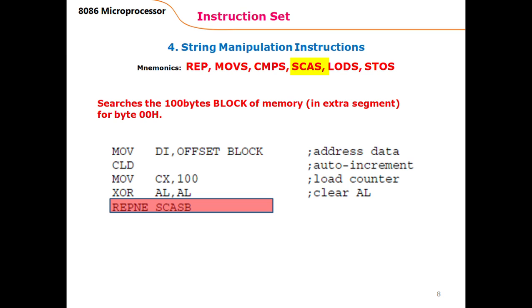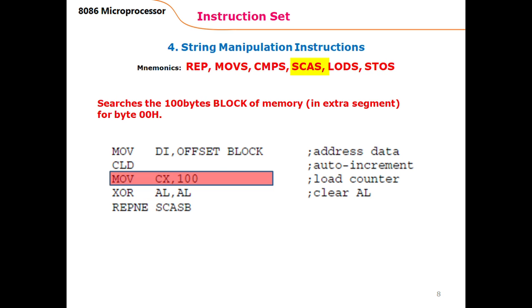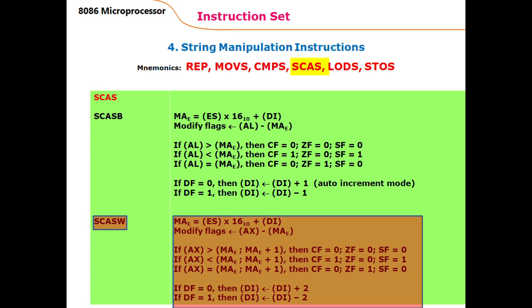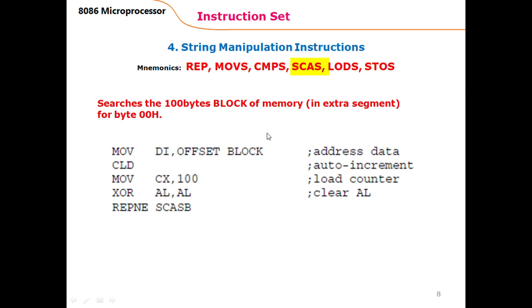Each time this instruction is repeated, the first byte of the block in memory is subtracted from the byte in AL, which is 00H, just like we discussed here.